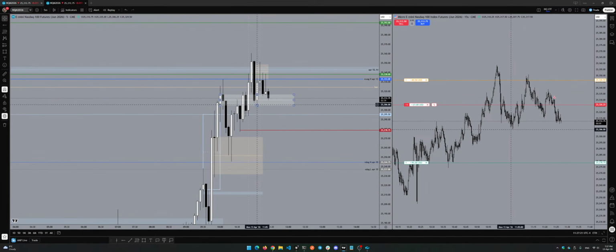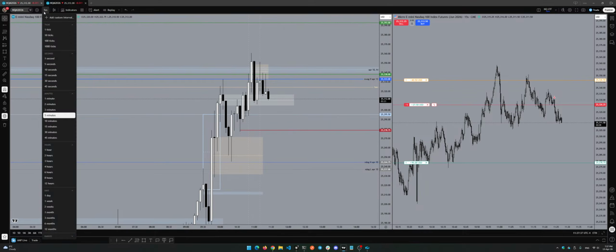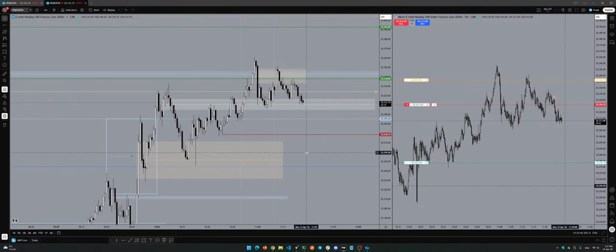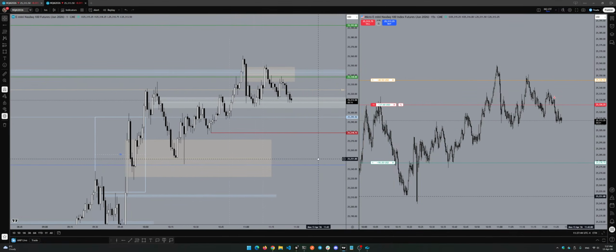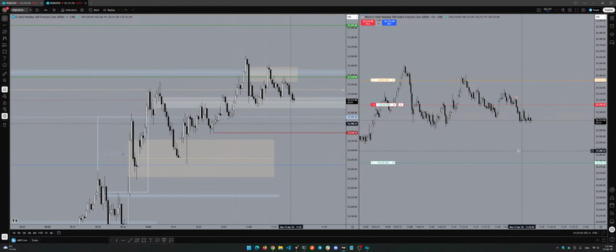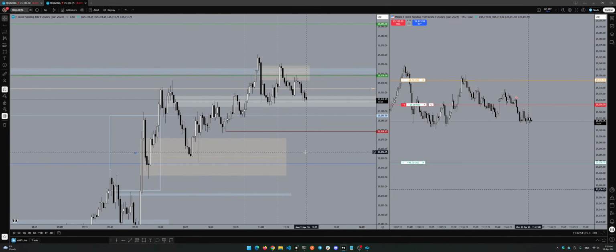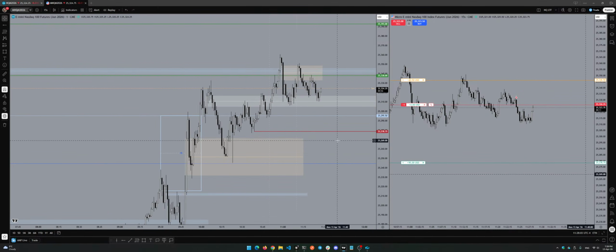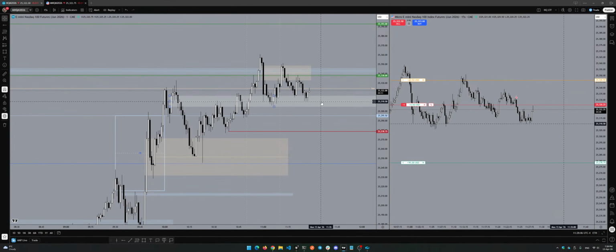In ES, this low is raided already. Silver bullet gets respected.